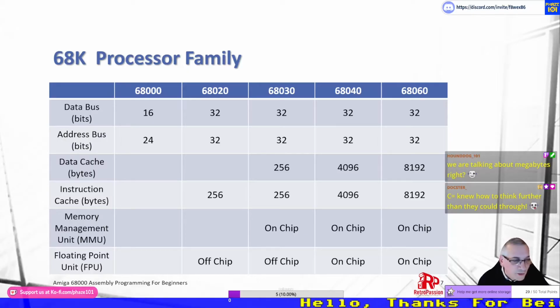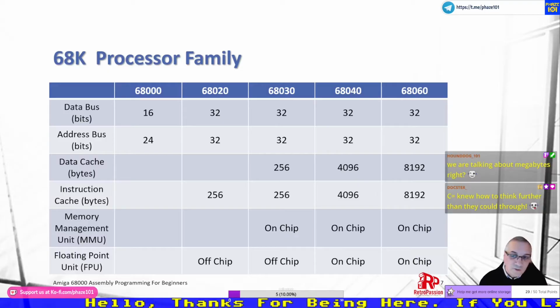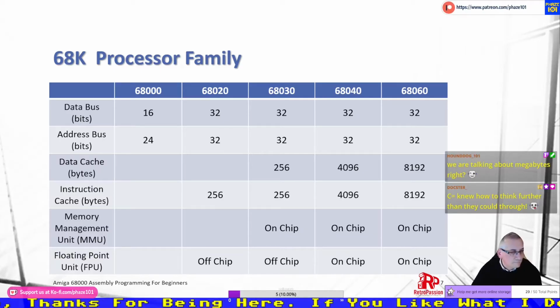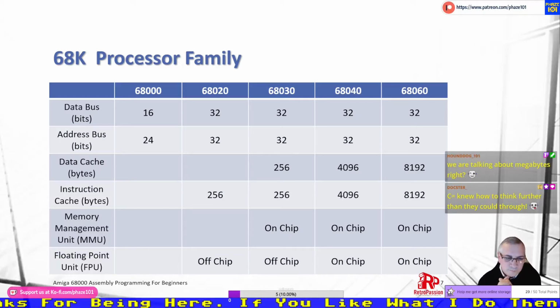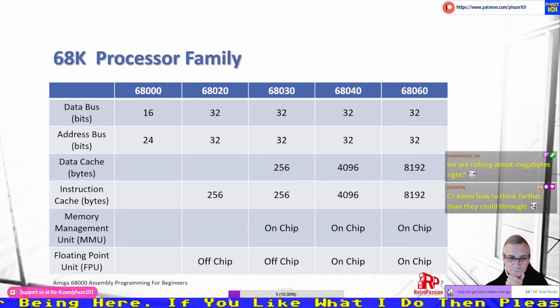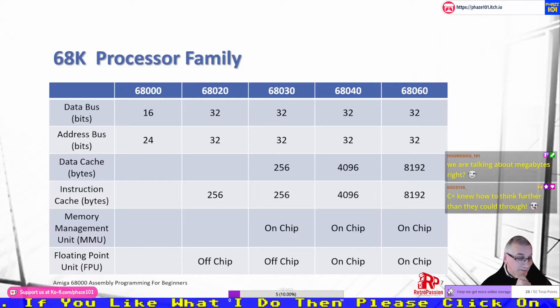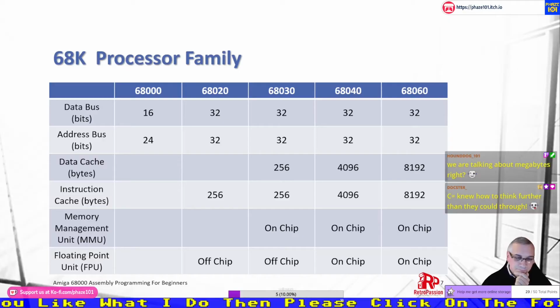So I can use it with a 68020 and an FPU, and I actually have also a 68030 with the FPU. So it has those modes. Trust me, you will need to remember this table.